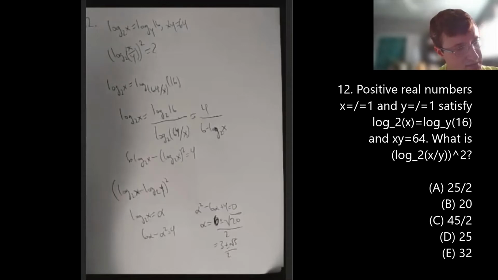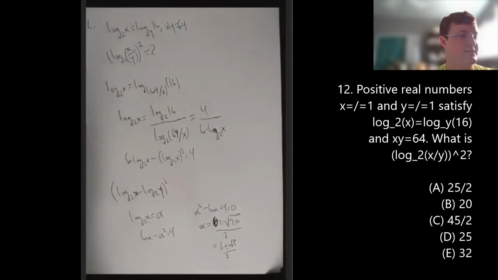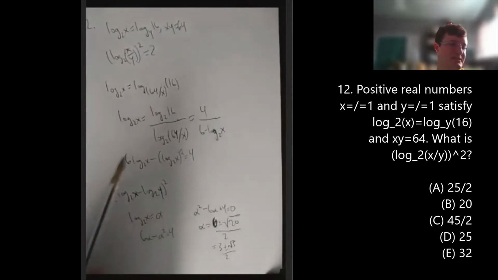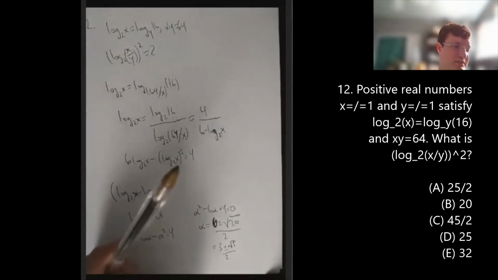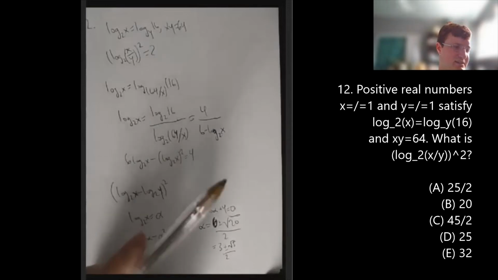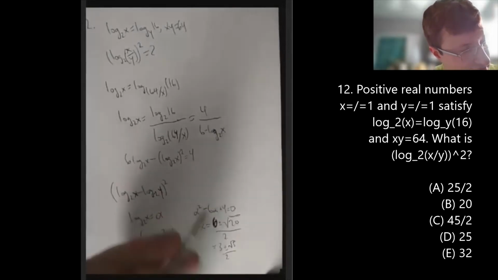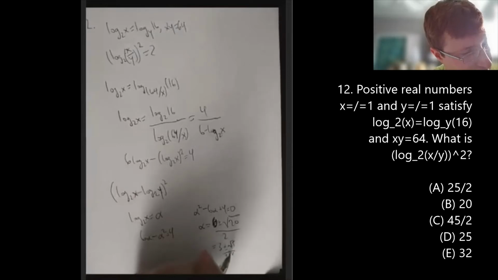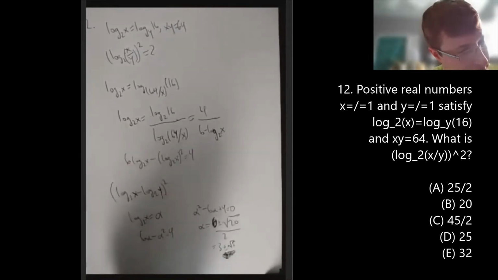Something's not quite right. What did I do wrong? Because these two things should multiply to 4, but the 2 got canceled out, so it's 3 plus or minus root 5. Okay.